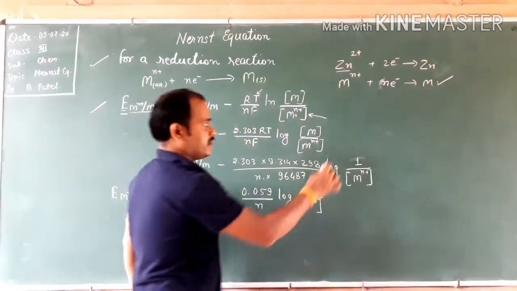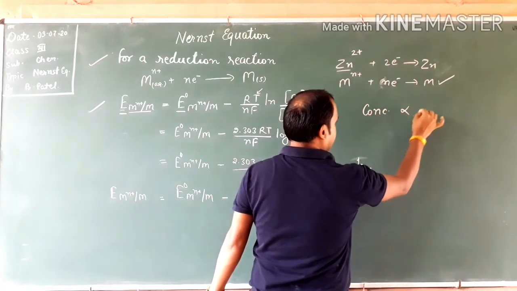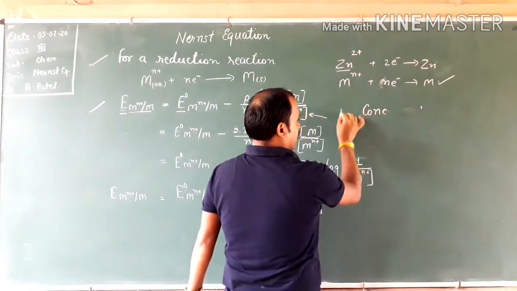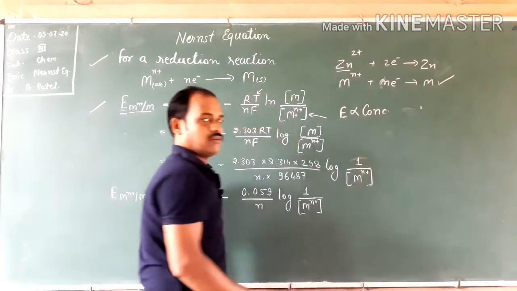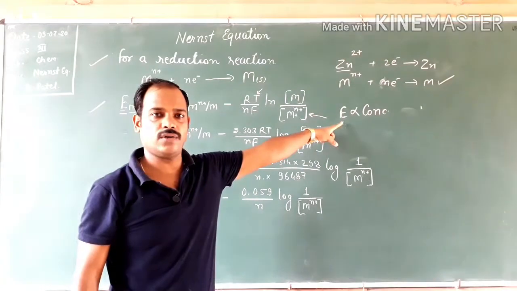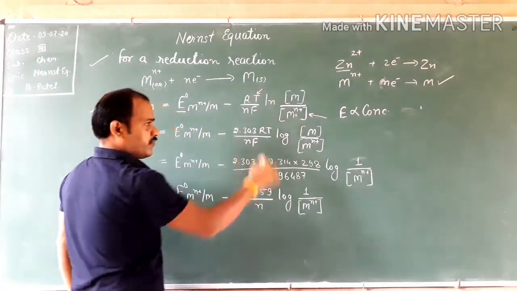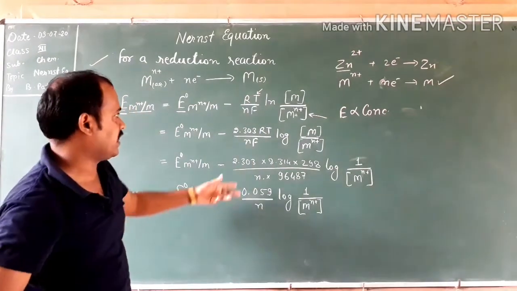So it's a simple relation: electrode potential is directly proportional to concentration. You increase concentration, electrode potential will also increase. The second factor is temperature. What will be the effect of temperature? Very clear.